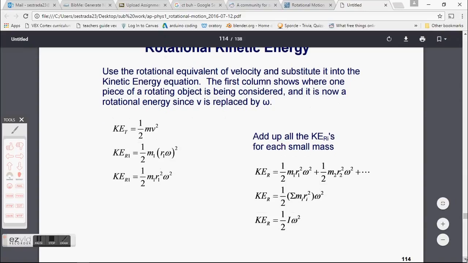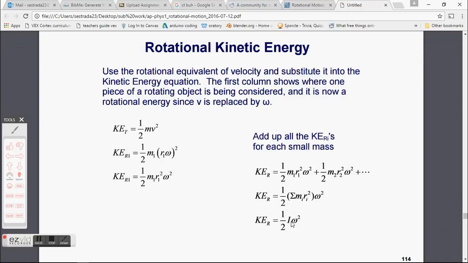We see 1/2 mv squared, and when we apply the rotational down here at the bottom, we see rotational energy equals 1/2 I omega squared.